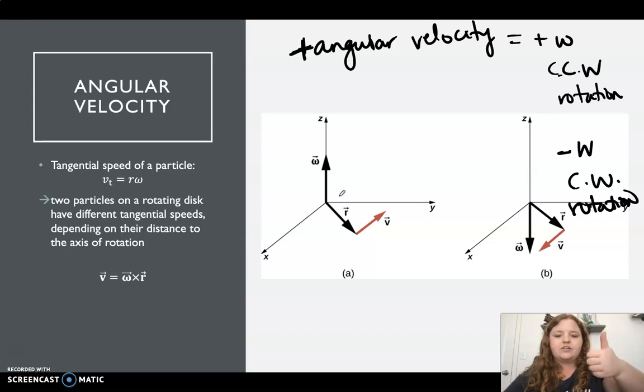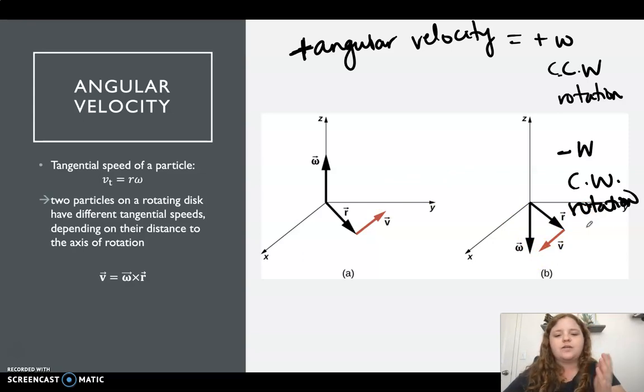We go omega cross r, and then we point towards our velocity v. We have omega cross r, we have our velocity v.